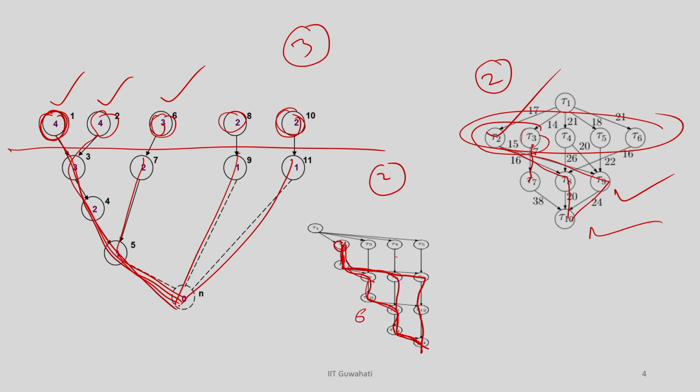This node is 1, 2, 3, 4, 5. This is also 1, 2, 3, 4, 5. So, there are 3 paths, and one of the path distances is 6. So, I will assume that for this node the distance from the sink node is 6, right.